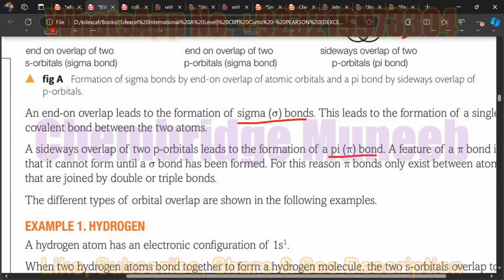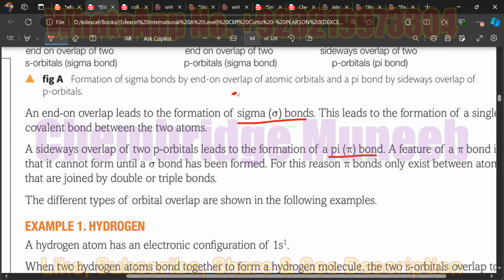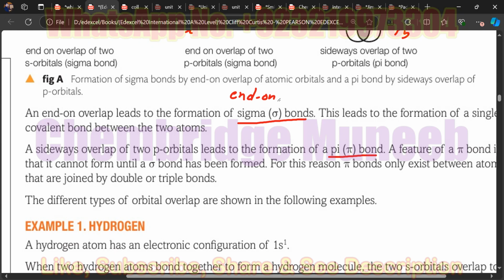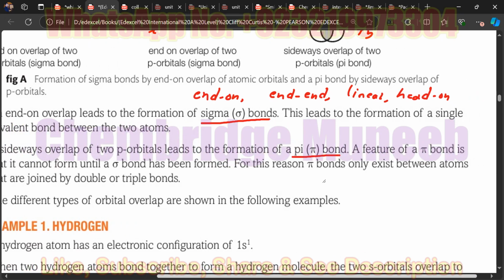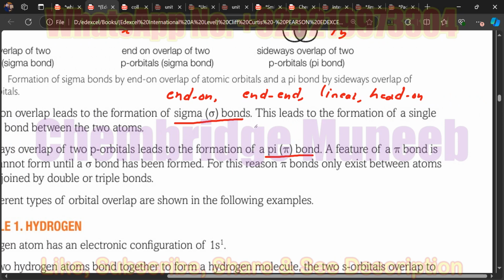There are other words as well. If you come across them, you can either say end on, you can say end to end, you can say linear, you can say head on. So these all words relate with the sigma bond formation. And for the pi bond you will say sideways, just like you said right now.